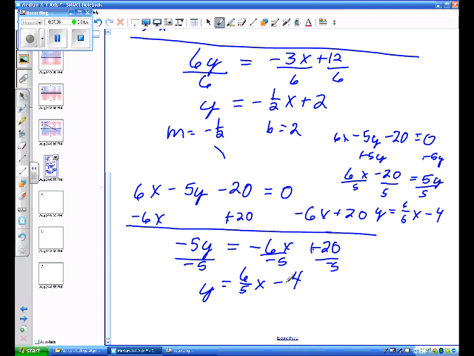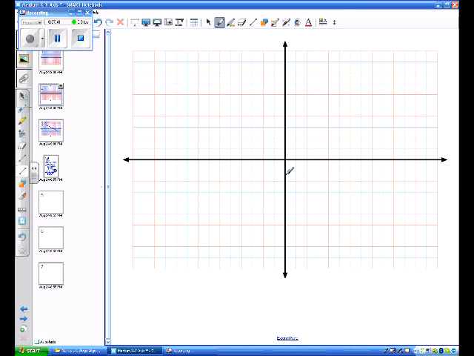So our y-intercept is negative 4 and our slope is 6/5. Our y-intercept was negative 4 and our slope was positive 6/5, which means we're going to go up 6 units and to the right 5. Up 6 and to the right 5.